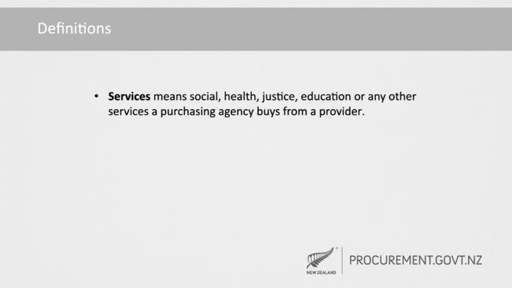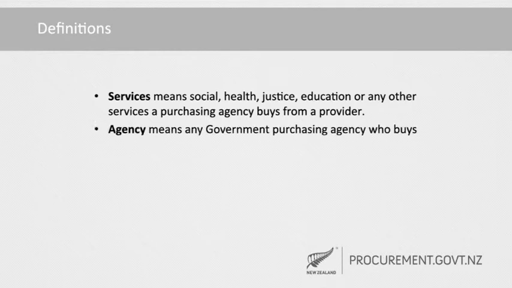Before getting into the detail, it's worth clarifying what a few commonly used terms are. We'll be using these terms throughout the remainder of the presentation. Services means social, health, justice, education, or any other services a purchasing agency buys from a provider. Agency means any government purchasing agency who buys services from a provider.